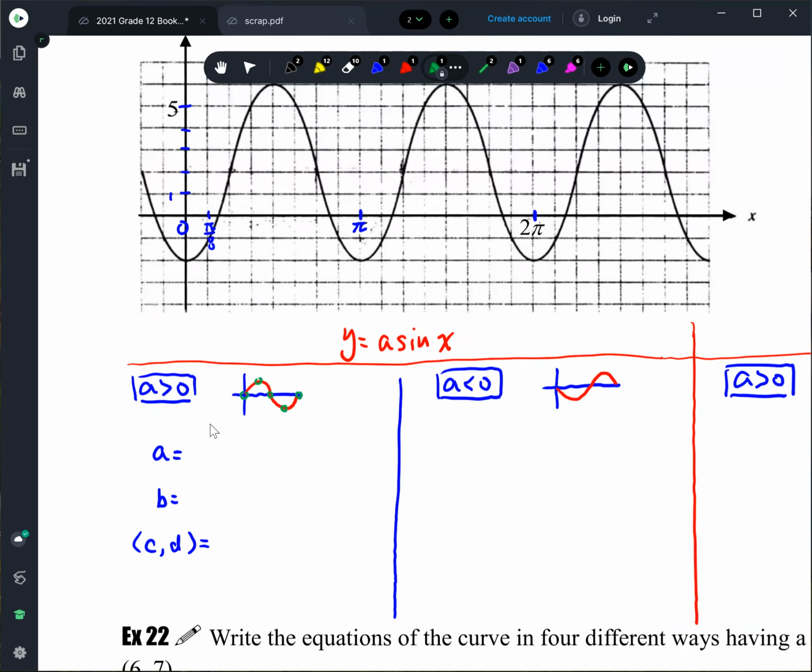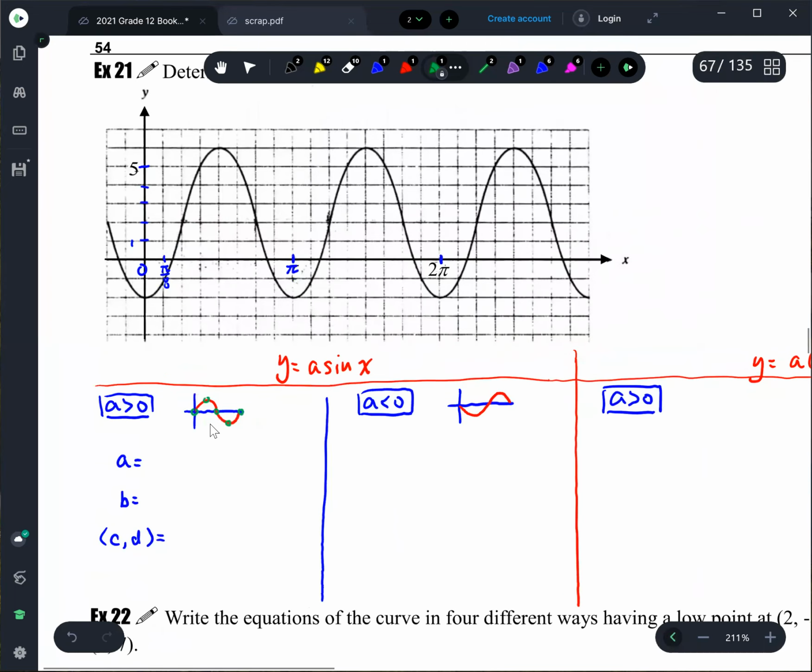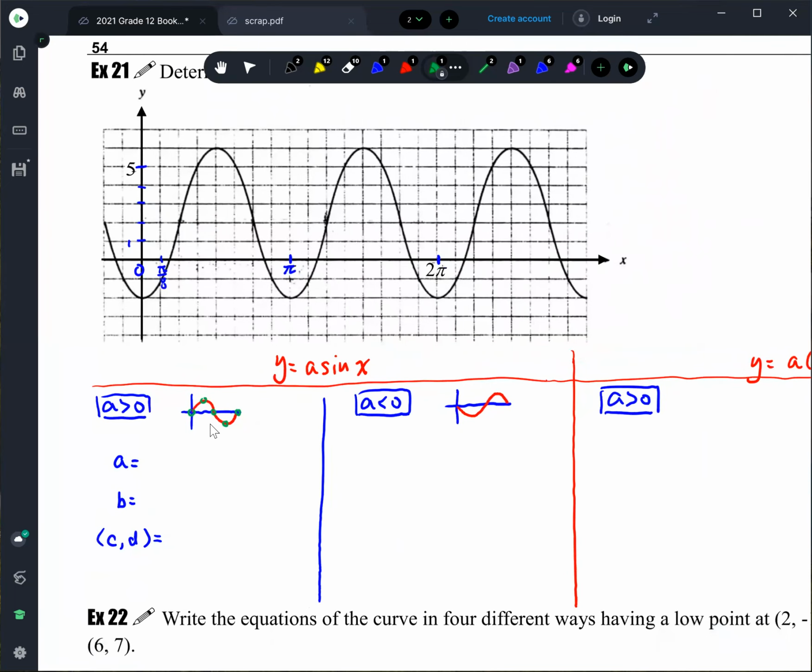X-axis has to go through the middle 3 points. Y-axis has to go through the starting point. Okay, please raise your hand if you finish drawing.